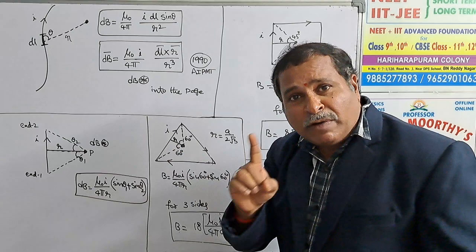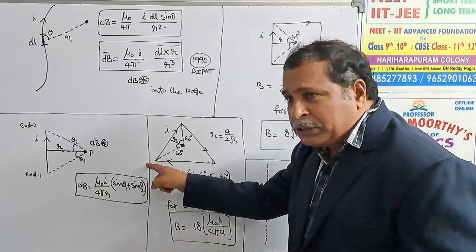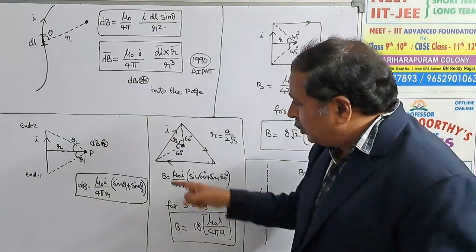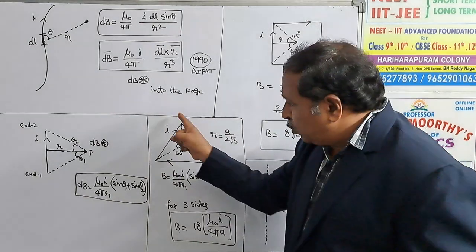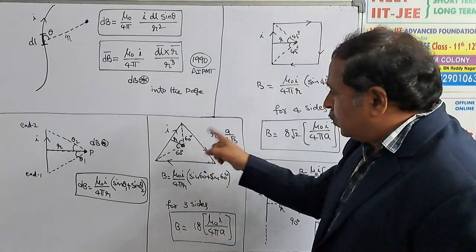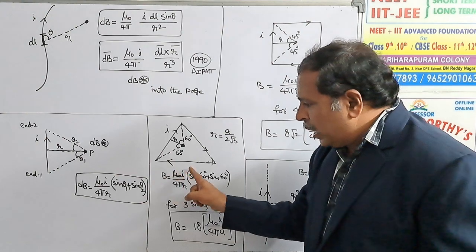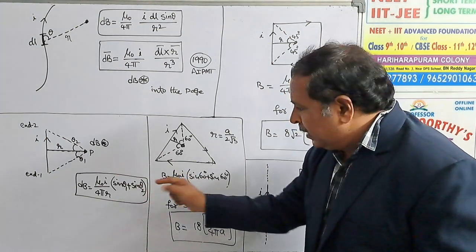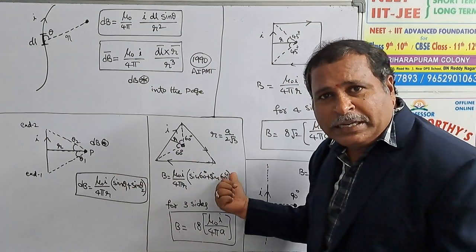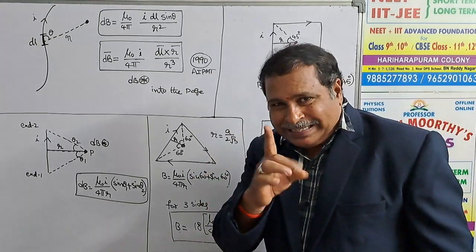So let us consider one side only. It has 2 ends, end 1 and end 2. End 1 makes an angle of 60, and end 2 also makes an angle of 60. Then the total induction is mu naught I by 4 pi r, sin theta 1 meaning sin 60, and theta 2 meaning 60. This is for only one side.